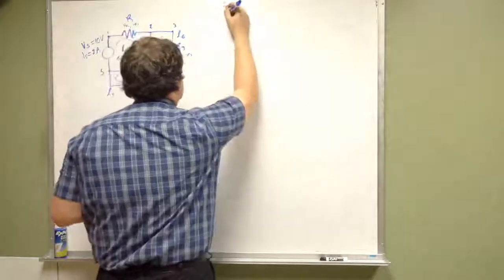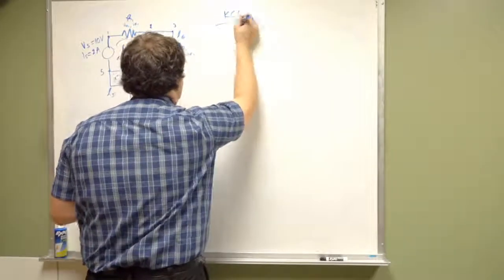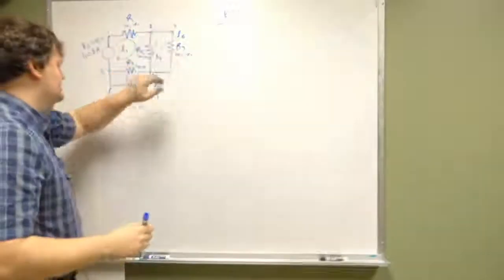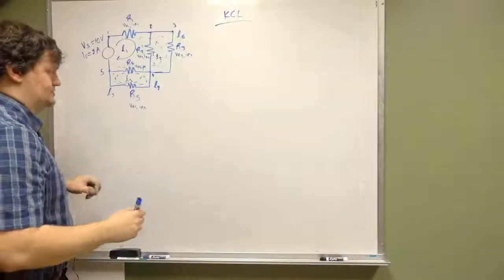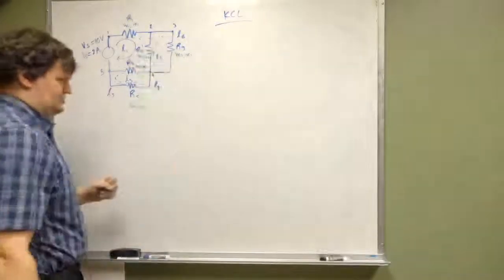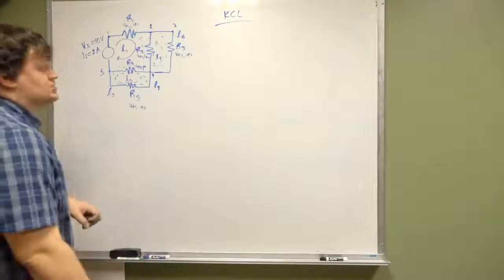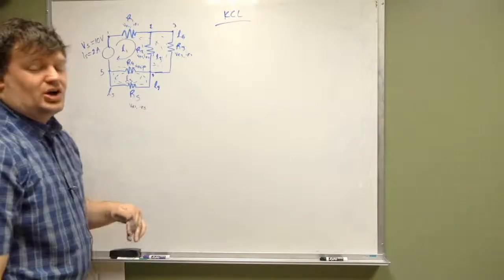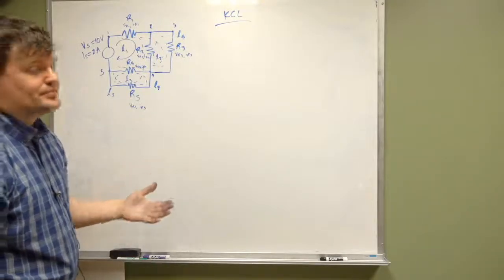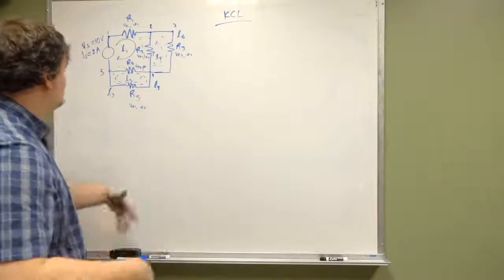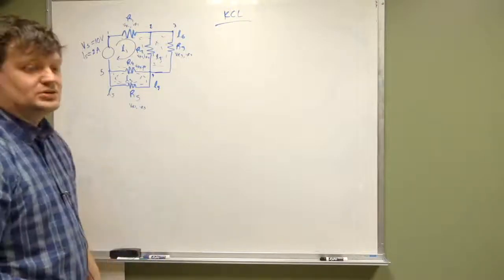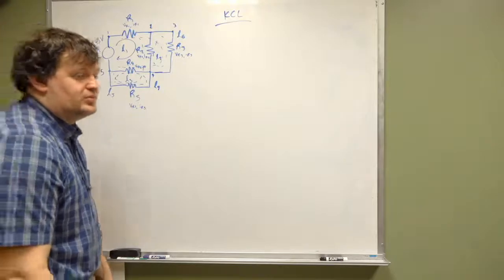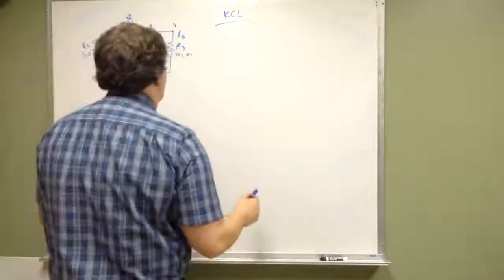Now, let's do KCL. At KCL, we have 1, 2, 3, 4, 5 nodes. And I've already told you that node 2 and 3 are basically the same. But whatever, we'll keep it in there for now just to prove a point.